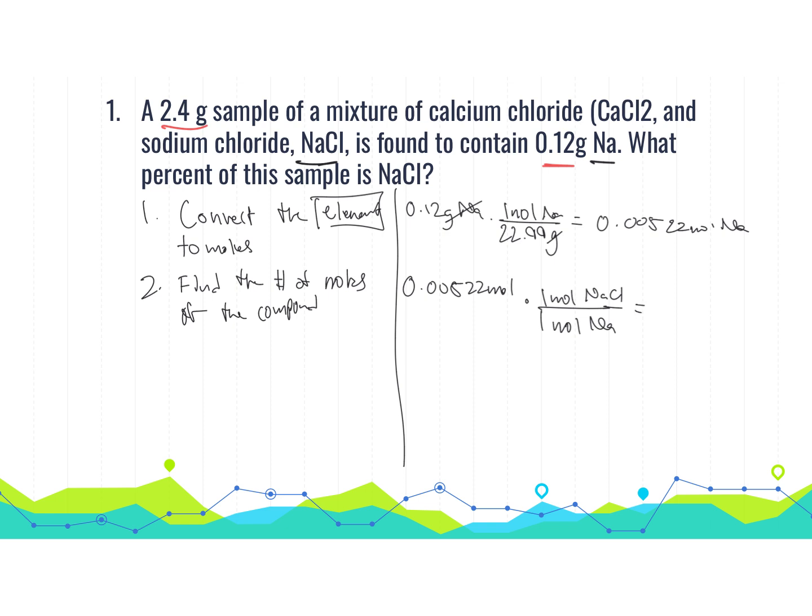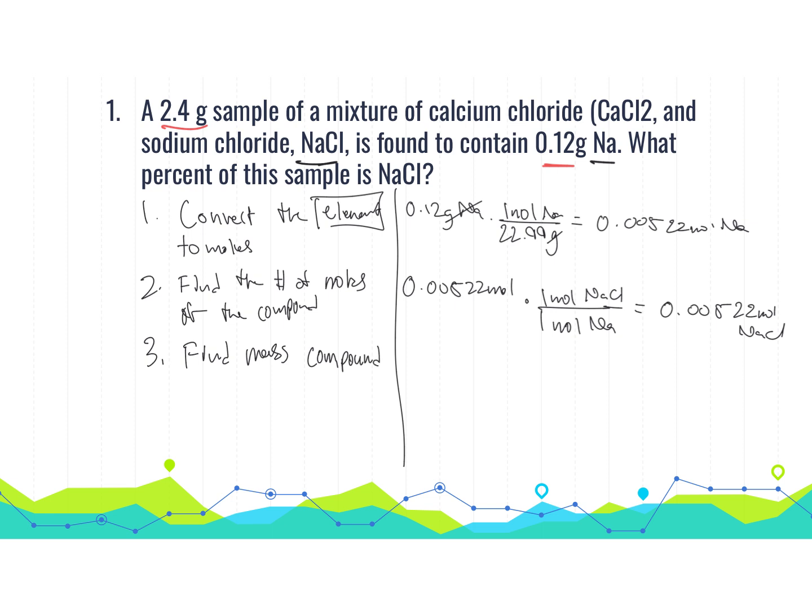The answer here is 0.00522 moles of NaCl. If we had a different subscript in front of that sodium, what we would do is multiply it by that ratio. Third, you want to find the mass of the compound.